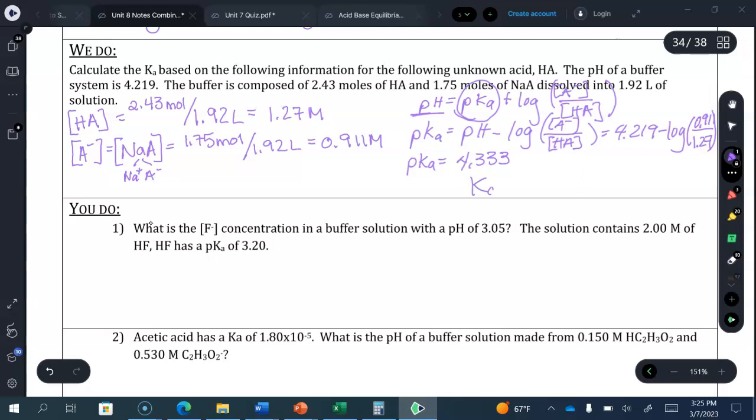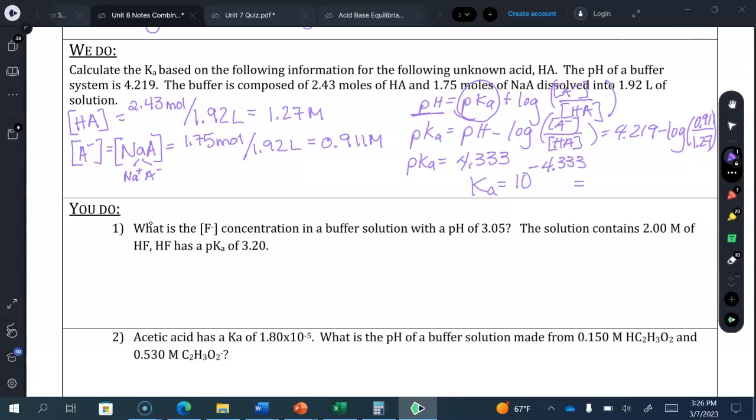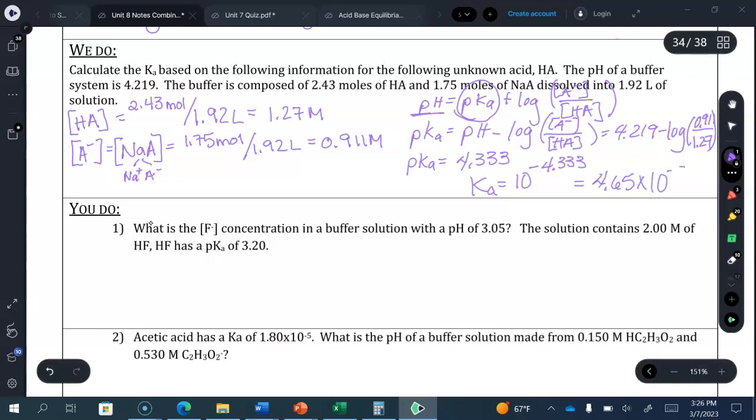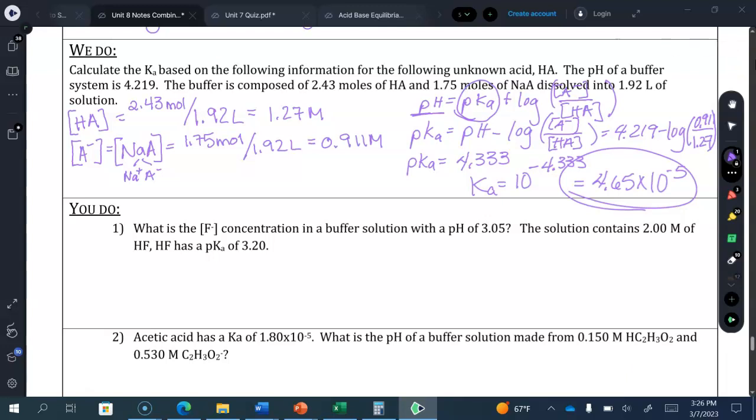Using our log knowledge, we know that the Ka has to be equal to 10 to the negative pKa, or 10 to the negative 4.333. Plugging this into a calculator so that our exponent is a whole number, we have 4.65 times 10 to the negative 5 for our Ka value. And so this is the Ka of the HA acid that we were given for our unknown acid.